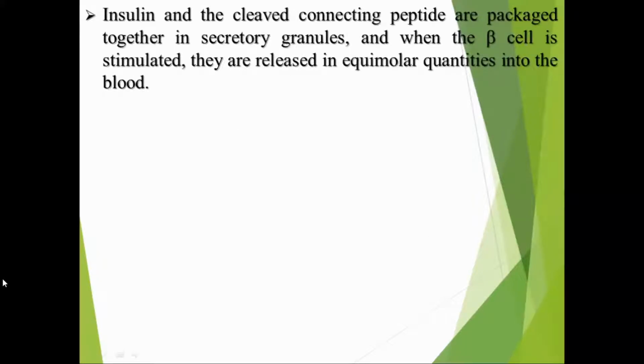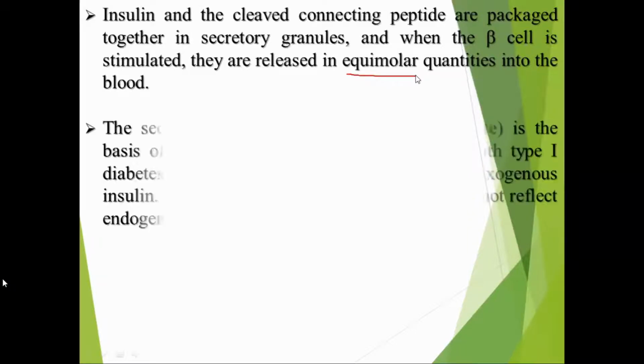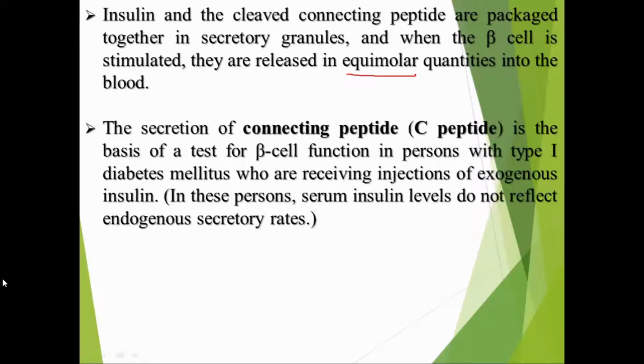Insulin and the clipped connecting peptide are packaged together in secretory granules, and when the beta cell is stimulated, they are released in equimolar quantities into the blood. You can understand equimolar if you know the concept of mole.